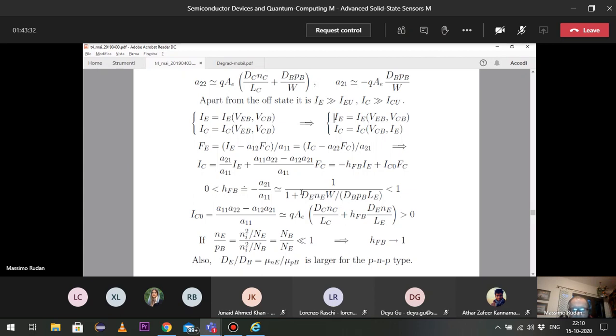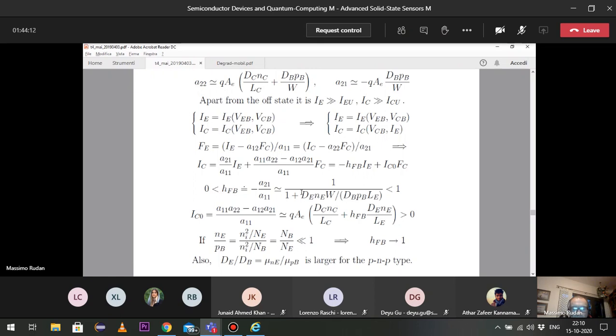This current crosses the thin region of the base. A few of the carriers recombine and provide the base current, but the majority of them will be able to cross the base region and enter the space charge region of the collector. At this point, the field in that region will drag all these carriers into the collector, and they will form the collector current at the other end of the device.